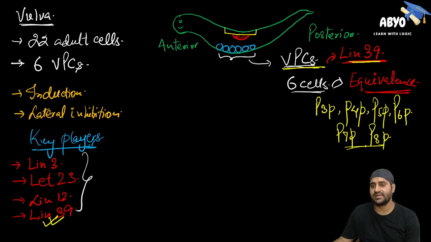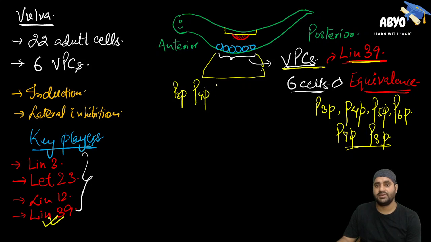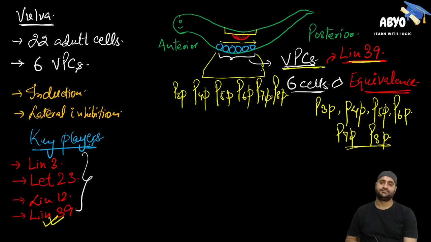These are laterally arranged from left to right, so this is considered the first one. If I elaborate this structure, the arrangement will be like this: P3.p, P4.p, P5.p, P6.p, P7.p, and lastly P8.p. They are arranged in this way, from left to right.